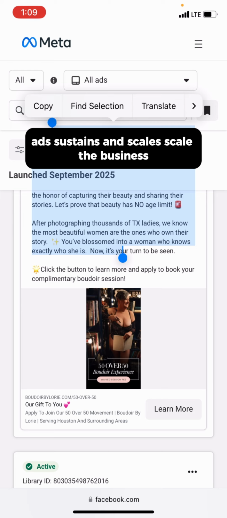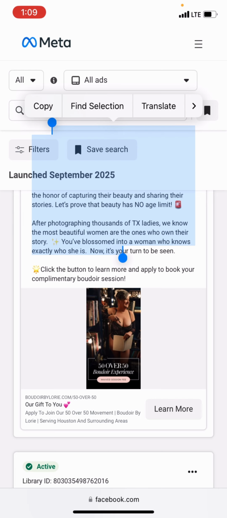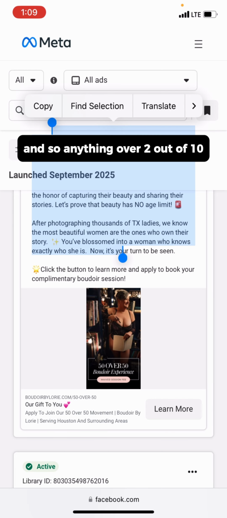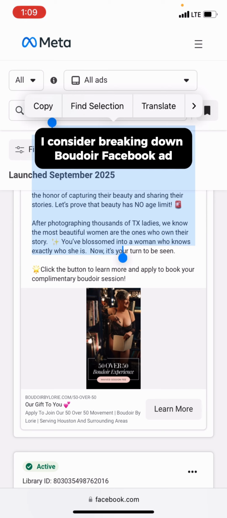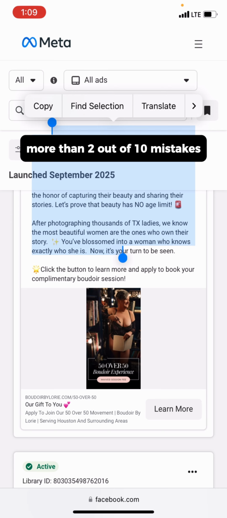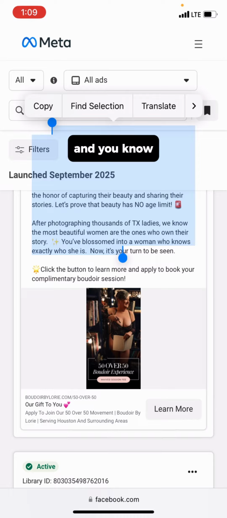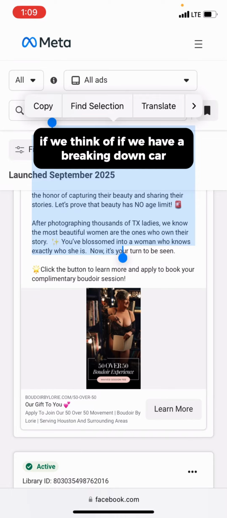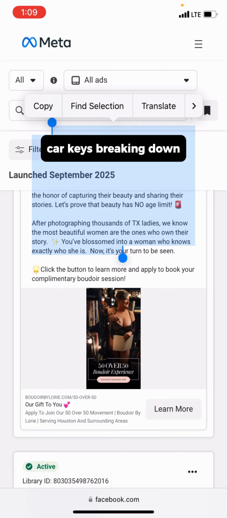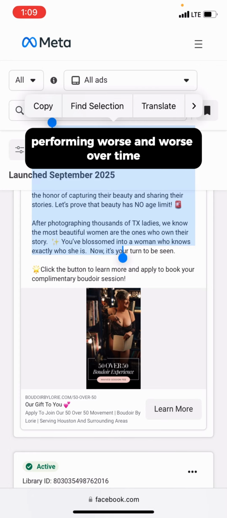Ads sustain and scale the business. And so anything over 2 out of 10, I consider a breaking down Boudoir Facebook ad.